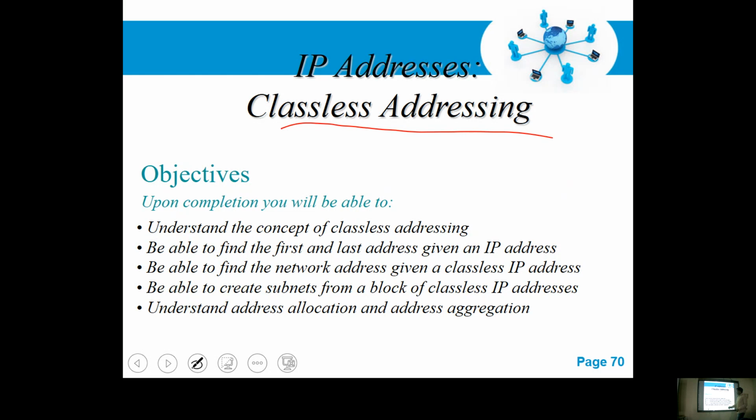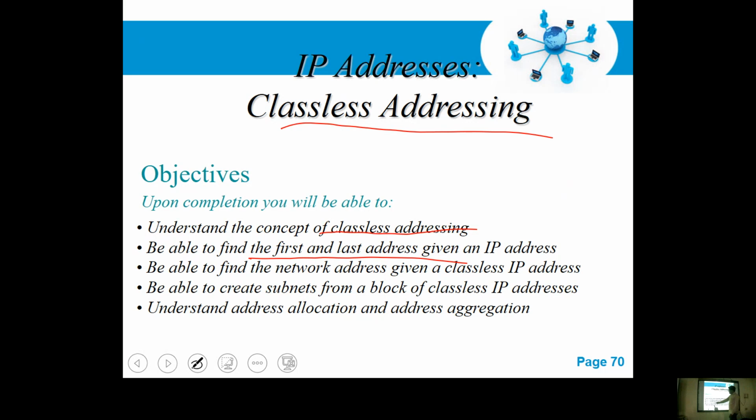And here we will try to understand the concept of classless addressing. What does it mean when I say classless addressing? Earlier, if I looked at some IP address, I would be able to say which class that particular IP address belongs to. But when I go to classless addressing, we don't have any classes. Each particular IP address is unique. We will be able to understand how to find the first and last IP addresses.